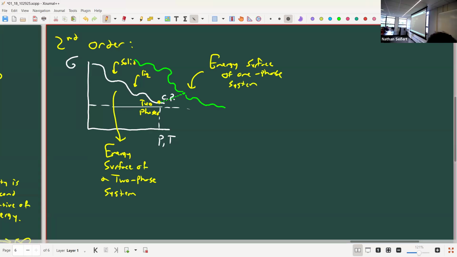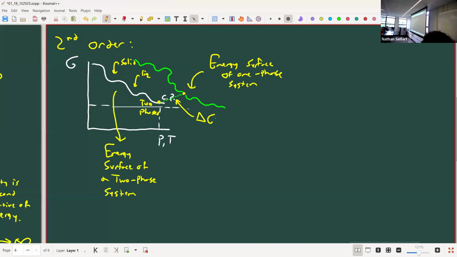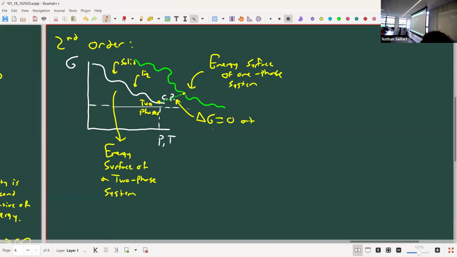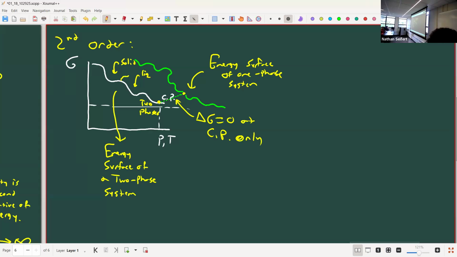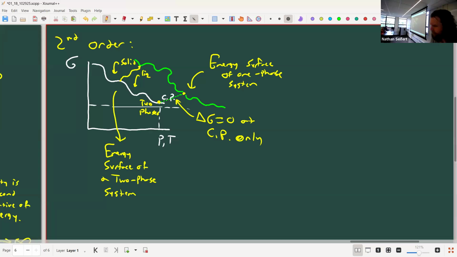At the critical point, the energy difference between the two surfaces is zero. So here, delta G is zero at the critical point only. Otherwise, you have to put in some energy to get to the other side. If I were to go from here to here, this would cost some energy.